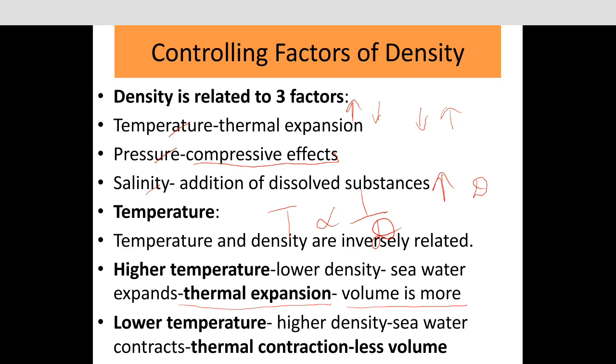So volume is more, and the density is going to decrease in higher temperature regions, which are the tropics, subtropics and the equatorial region. Whereas lower temperature causes higher density because of contraction of seawater, which is also known as thermal contraction. Because of that, the volume will decrease and the density will increase.